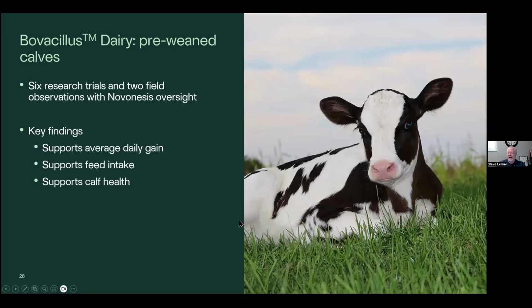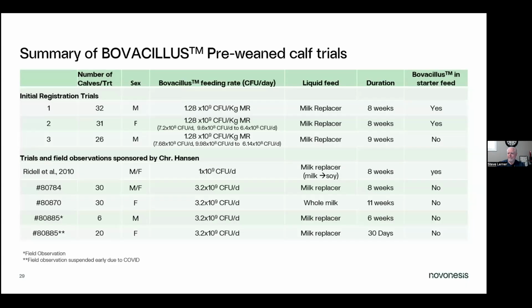We also did 8 trials, 2 of them research trials, well controlled, 2 of them field observations on calves. These are pre-wean calves, looking at the key variables of average daily gain, feed intake, and then health, looking at diarrhea and pneumonia. Here are the results or the setup of those trials.